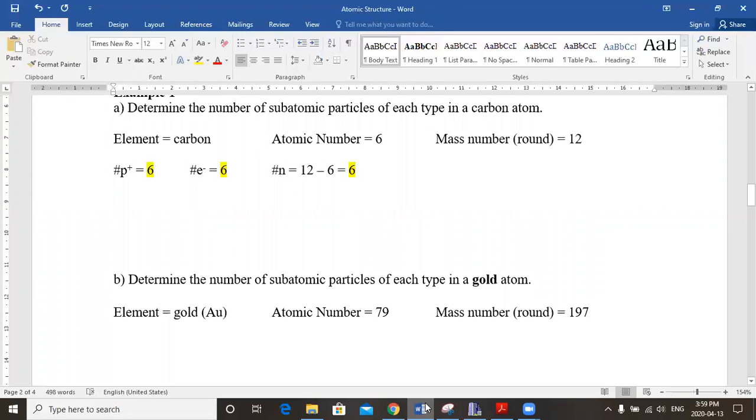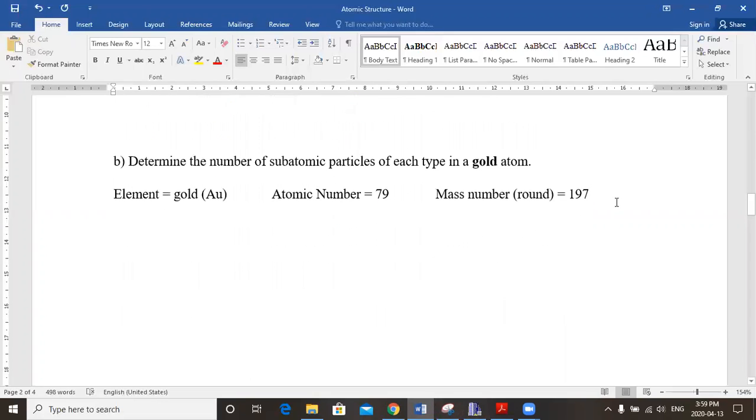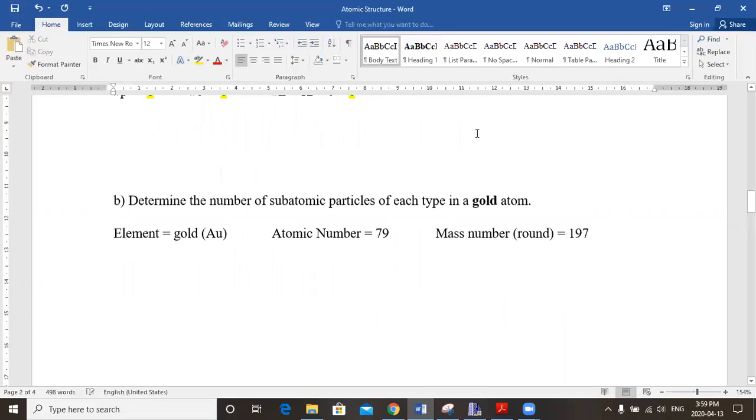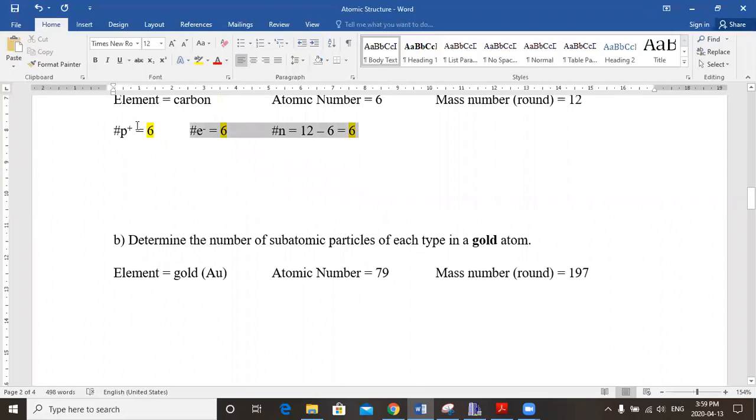So next, we will figure out the number of electrons, the number of protons, and the number of neutrons. So let's copy and paste this over. All right, so the number of protons will equal 79 because that's the atomic number.